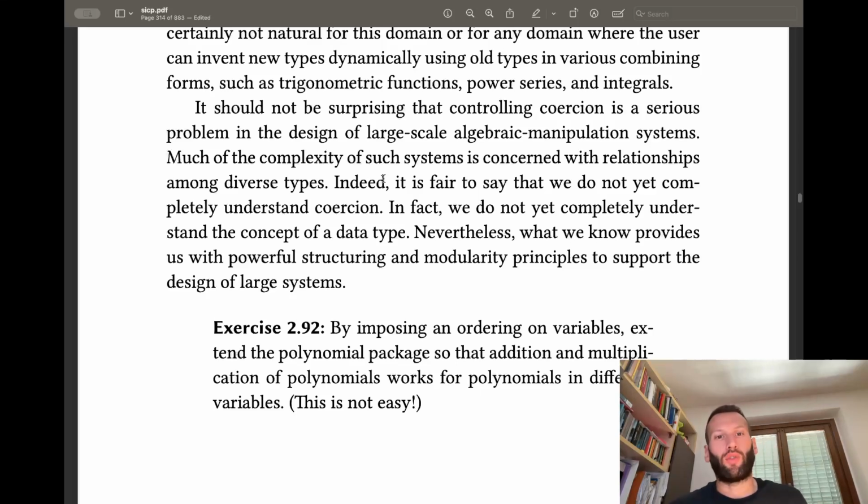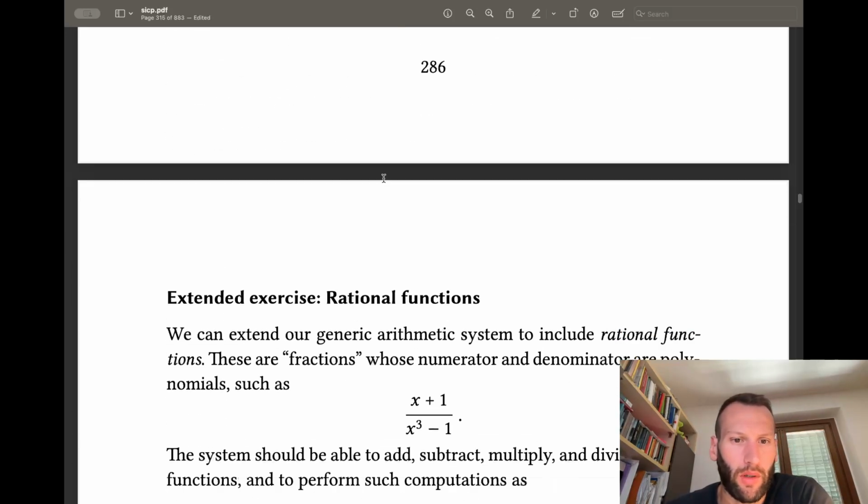Much of the complexity of such systems is concerned with relationships among diverse types. Indeed, it is fair to say that we do not yet completely understand coercion. In fact, we do not yet completely understand the concept of a data type. Nevertheless, what we know provides us with powerful structuring and modularity principles to support the design of large systems.